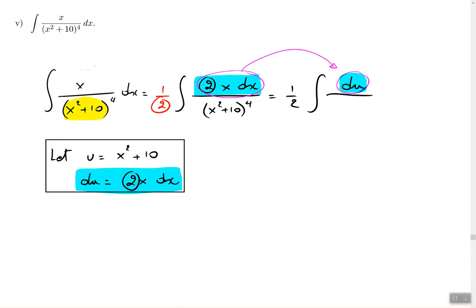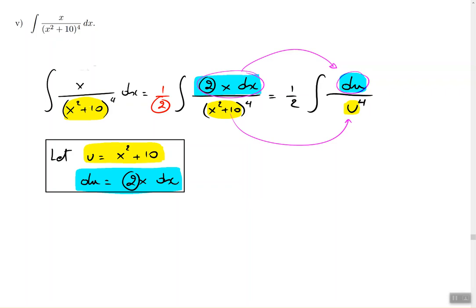Great, so then what? Now on the denominator, I have x squared plus 10. That itself gets replaced with the variable u, because in my table, I said anytime I see x squared plus 10, that gets replaced with the letter u. So that's what I'm doing. And the exponent 4 is going to stay.